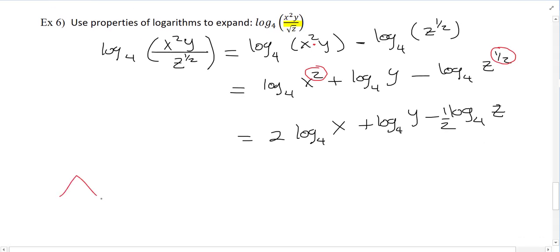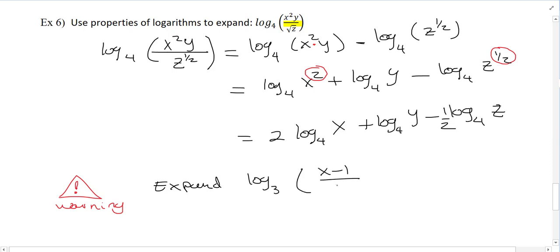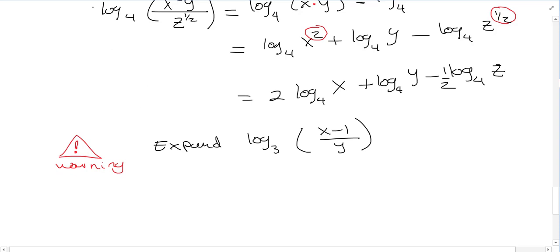One word of warning. If you have, for example, log base 3 of x minus 1 over, let's say, y, what are the properties here?